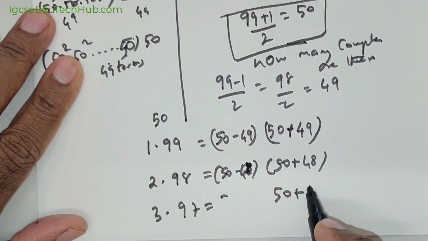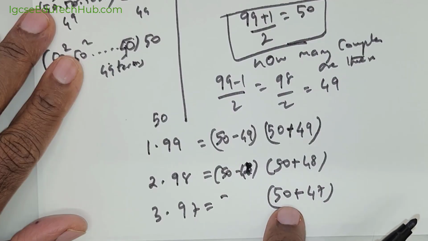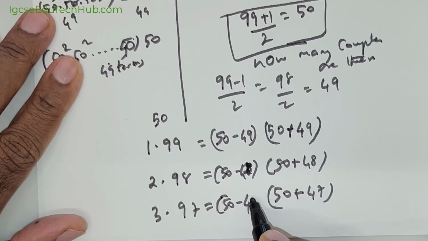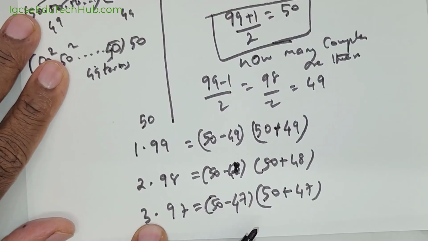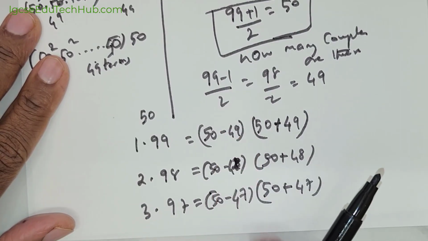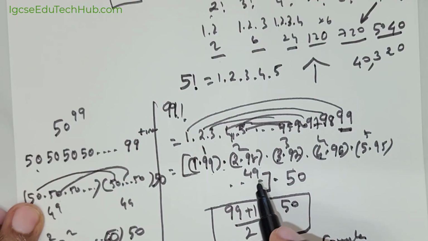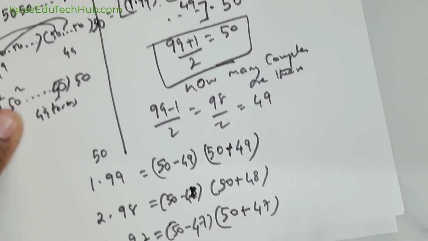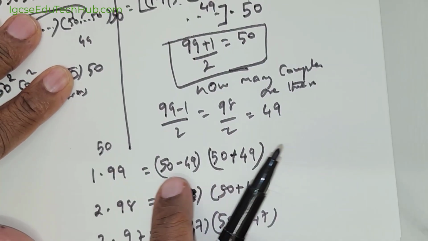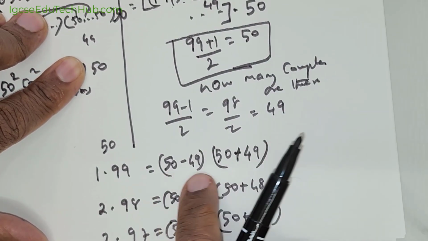To 50, if I add 47, I get 97. To the 50, if I subtract 47, I get 3. Now clearly you can see that this pattern is going to be repeating all along until we reach all of the 99 terms. Okay, now let me go up over here and represent this.